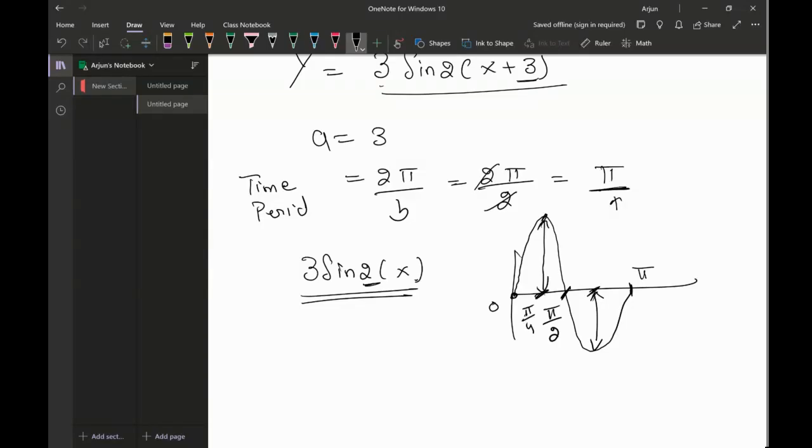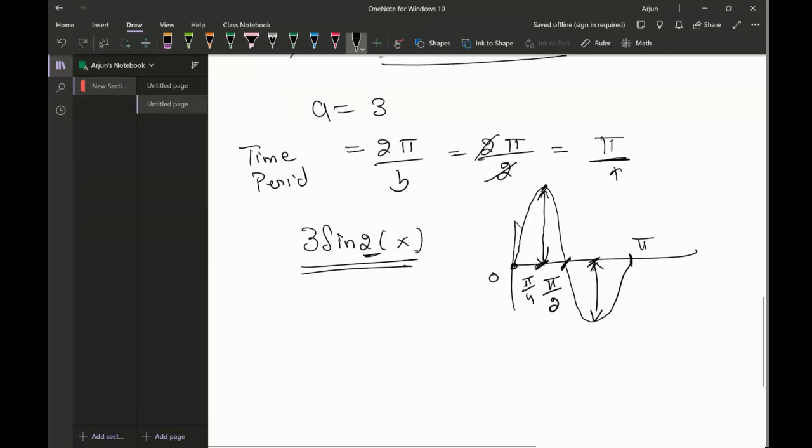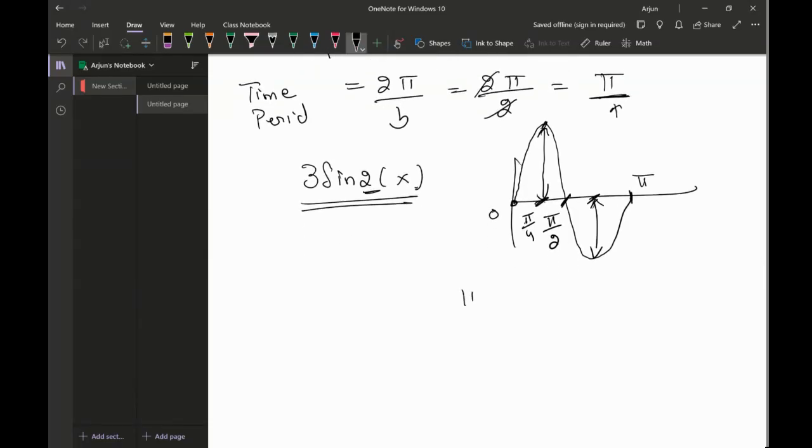And then you can also figure out this point. You can add pi over 2 plus pi over 4, so this point is 3 pi over 4. So that's how you can find out the points of the graph also.